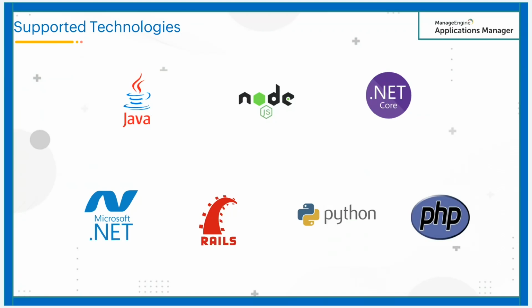A complete end-to-end transaction monitoring across your entire web application will help you to avoid any performance issues. Also, you can analyze the root cause of problems much faster by performing the first level troubleshooting. The supported technologies in APM Insight are Java, Node.js, .NET Core, Microsoft .NET, PHP, Ruby on Rails, and Python.